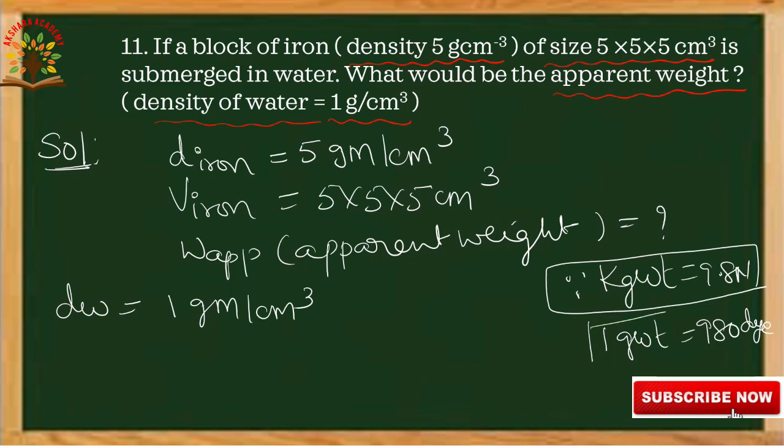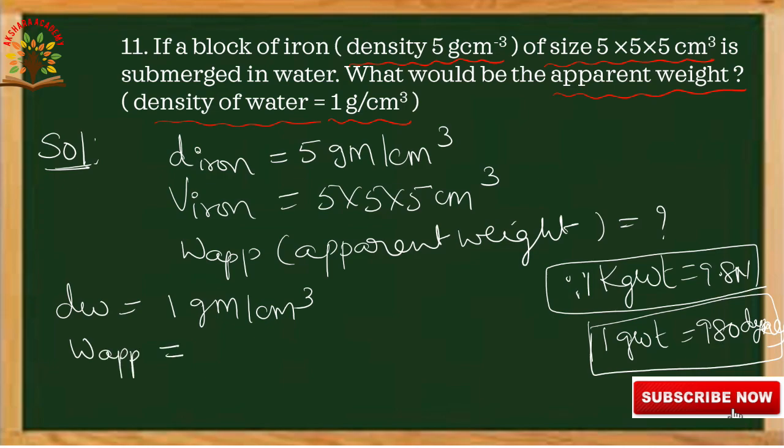This is the relation between the gravitational units of force: 1 kilogram weight is equal to 9.8 newtons, 1 gram weight is equal to 980 dynes.